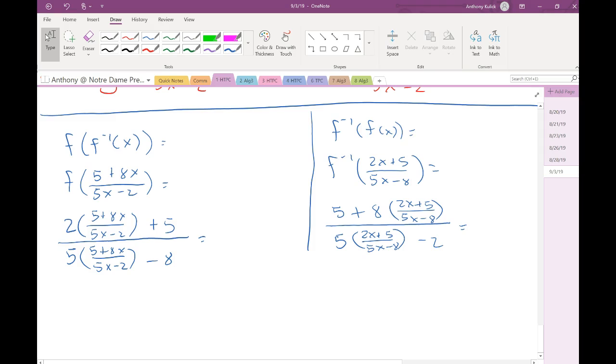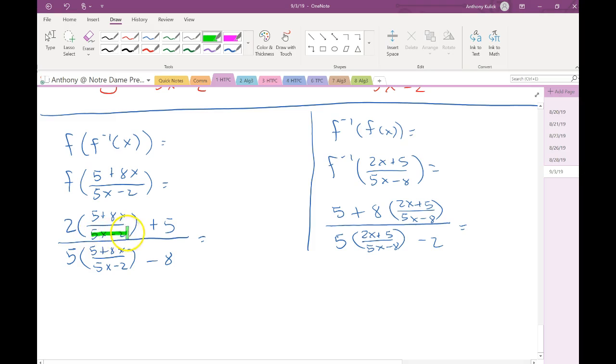Notice that what we have in each of these two situations is something called a complex fraction. By that I mean I have a fraction with fractions inside of it. Everybody see that? So the easiest way to simplify something like this is to multiply by 1 in such a way that I eliminate the fractions inside a fraction, and I'm left with just one fraction.